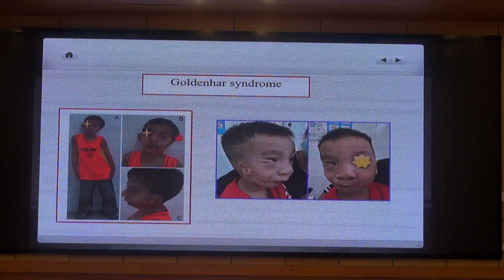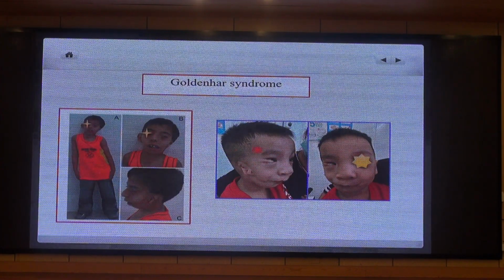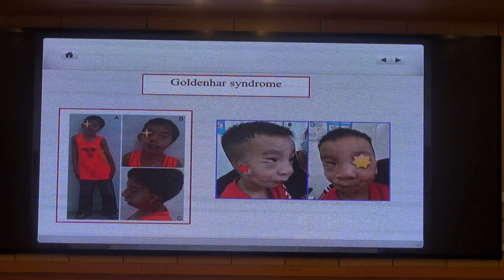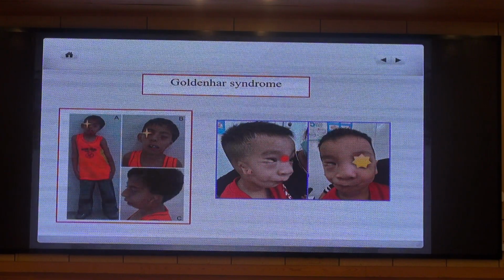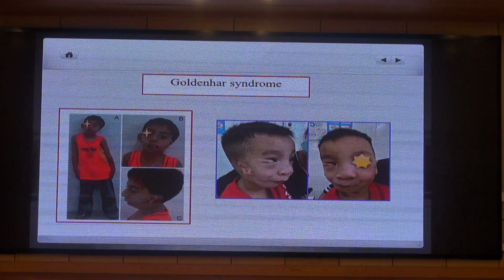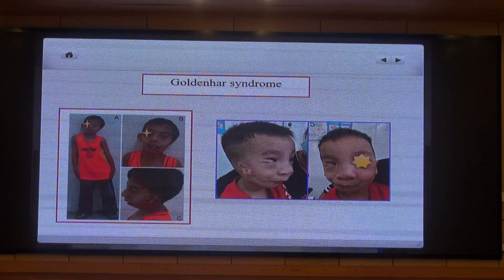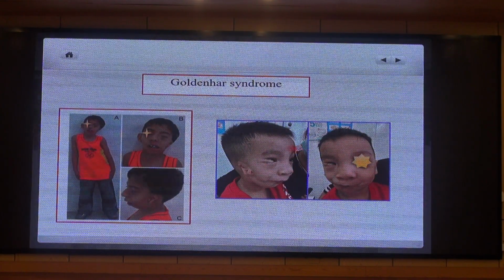I saw him just yesterday, with an abnormal ear and a big tumor in the right eye. And actually, he can close the eyelid.